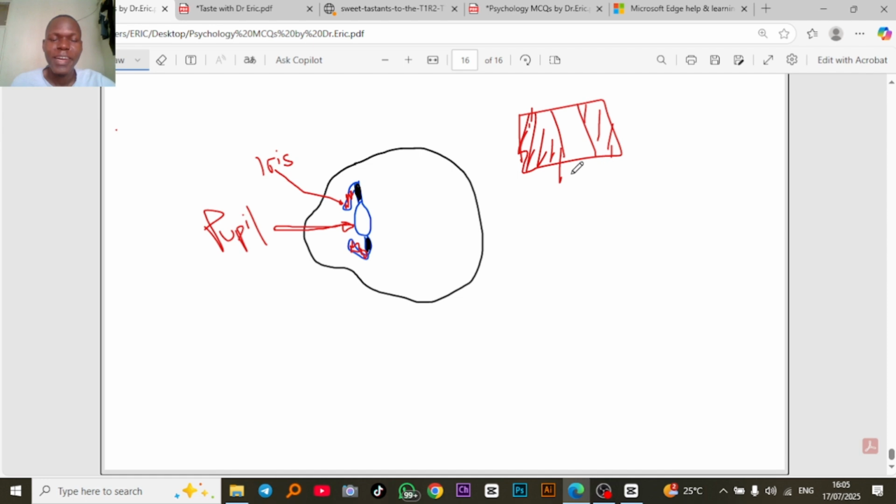So bringing the curtains closer to each other is contraction, and taking the curtains apart, that's what you call relaxation, which means that the iris, which contains a muscle, directly determines the size of the pupil, which in turn regulates the amount of light entering.